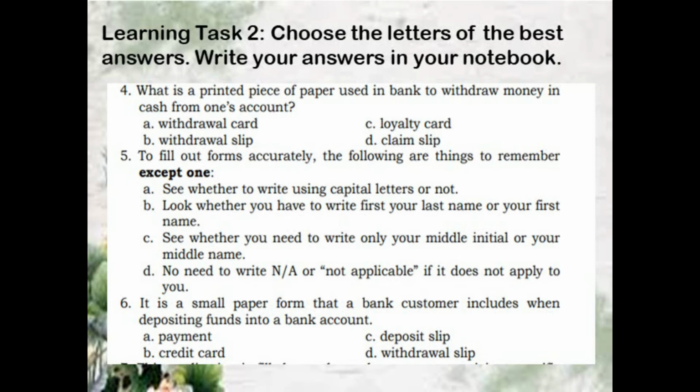B. Look whether you have to write first your last name or your first name. C. See whether you need to write only your middle initial or your middle name. D. No need to write NA or not applicable if it does not apply to you.